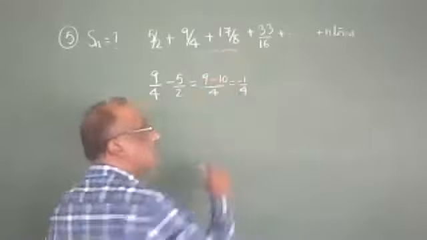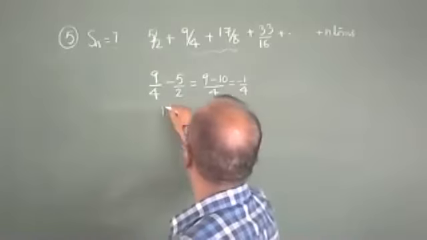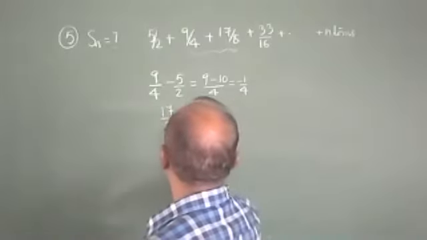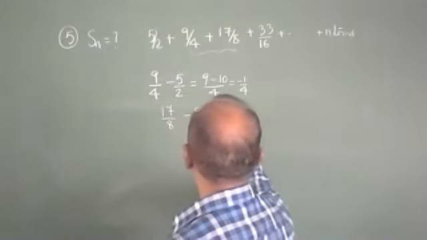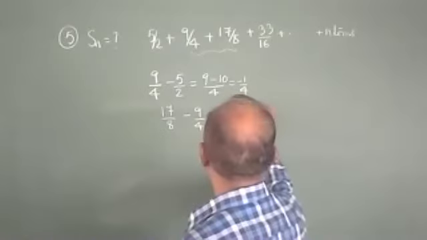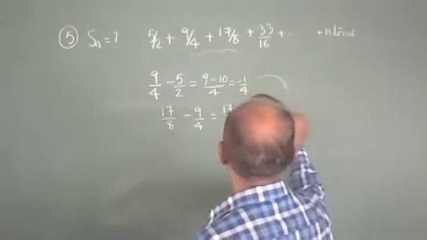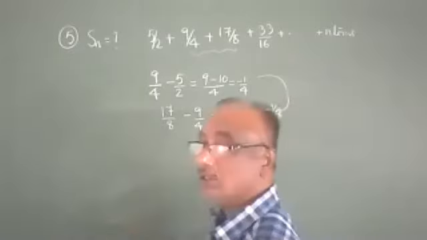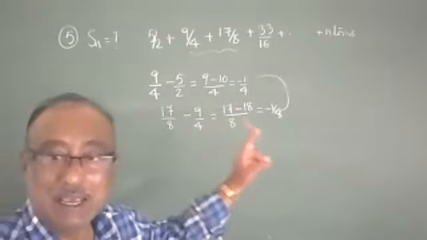These two differences: 17 by 8 minus 9 by 4, LCM is 8, 17 minus 18, minus 1 by 8. These two are not equal. Therefore, it is not in AP.